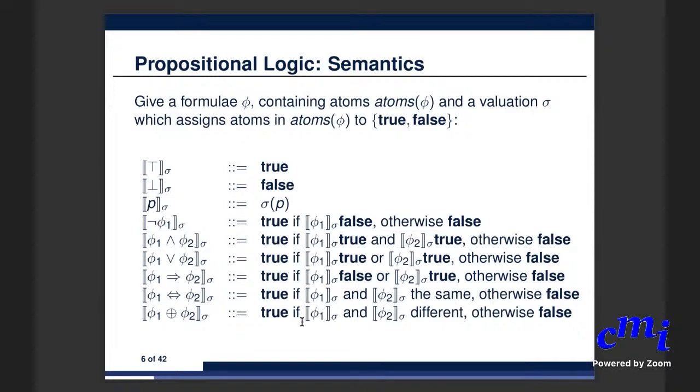And this one says exactly one of the sub-formulas will have to interpret to true. Any questions here? Okay. So this defines the semantics completely, in the sense that for every formula, when you recursively apply these rules, it is guaranteed to give, for any given valuation of the propositional variables, either true or false.